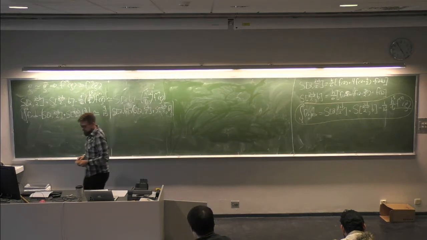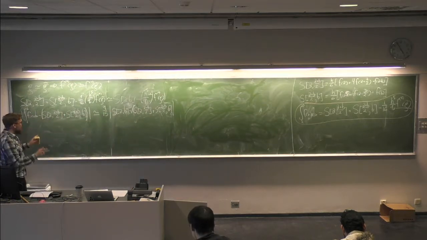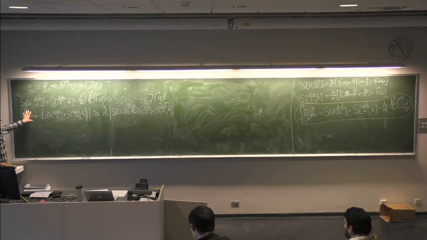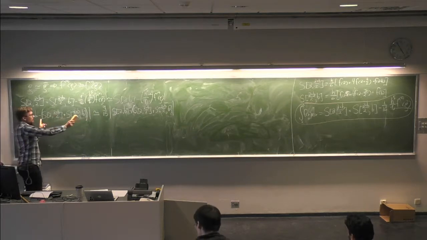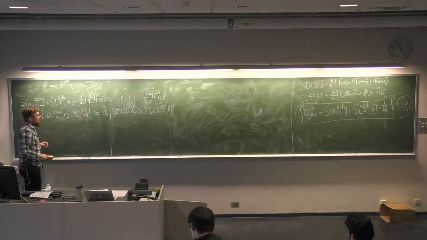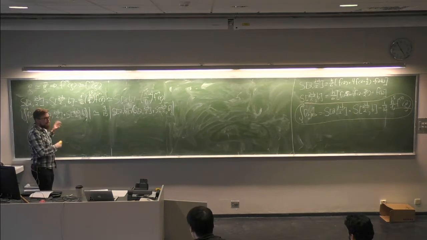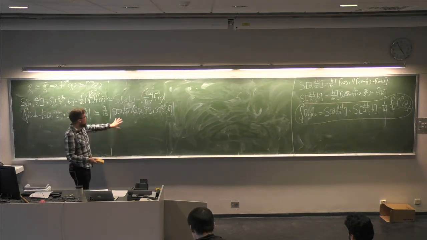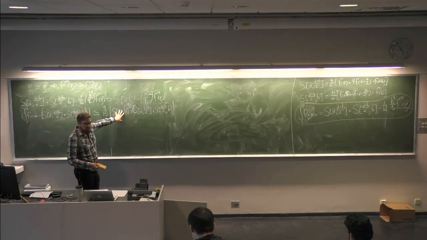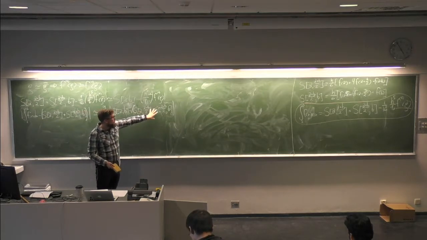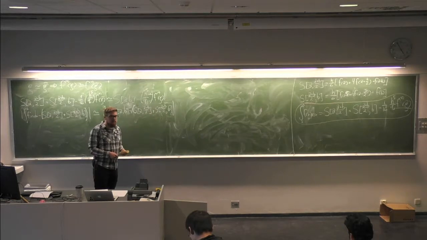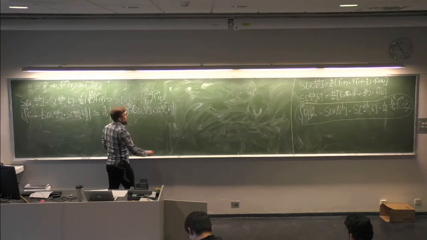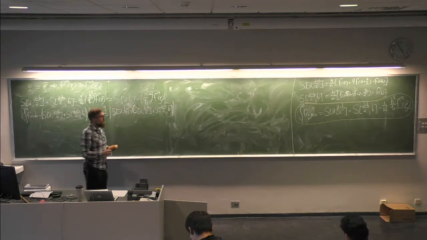So I'm going to reiterate. The distance between the true value of the integral and this approximation is about 15 times smaller than the distance between approximating with just one interval and approximating with two intervals. Okay? Make sense?